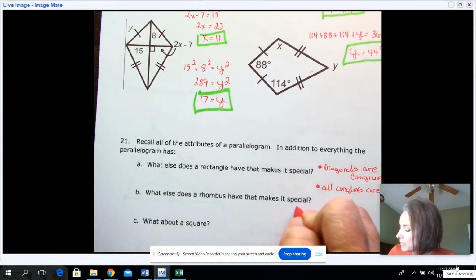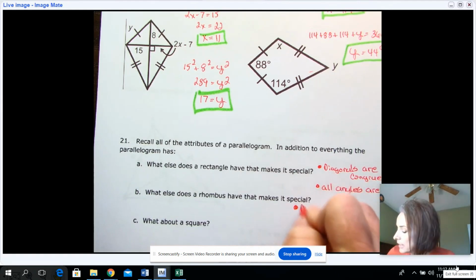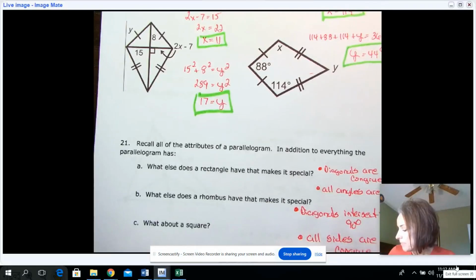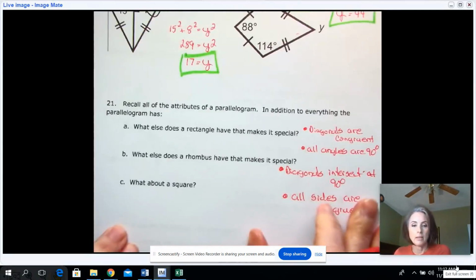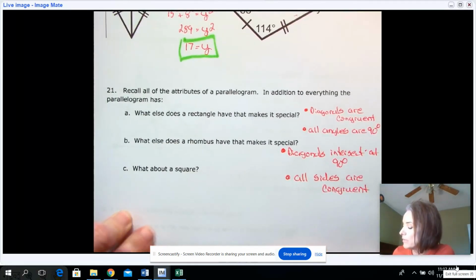Well, what's special about a rhombus is not only do the diagonals bisect each other, but the diagonals intersect at 90 degrees, and all the sides are congruent. So on a rhombus, the diagonals intersect at 90 degrees and all the sides are congruent.